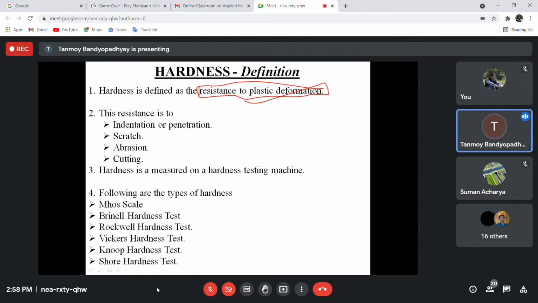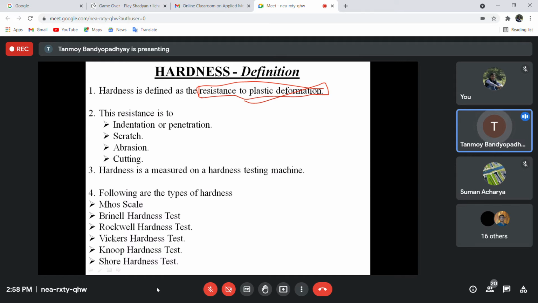Suppose you take a stone and scratch it on the surface of another material. Then abrasion, like grinding wheels, and then cutting, where a cutting tool cuts the other specimen. So there can be many resistances.